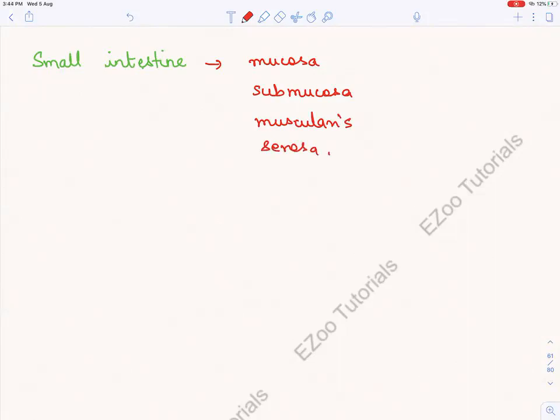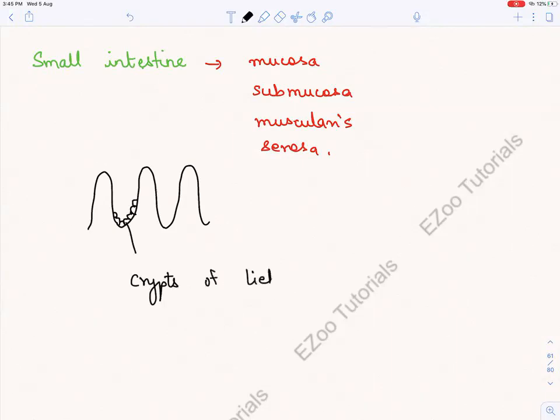Now, these are the villi, and this is the folds of the mucosa that I have drawn, and these contain cells that are known as crypts of Lieberkühn.